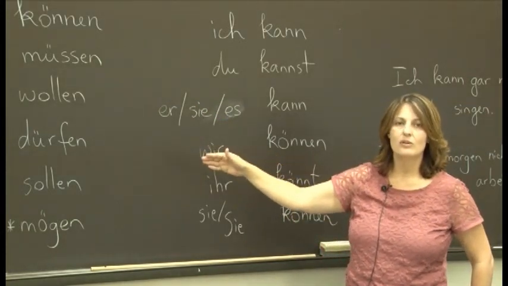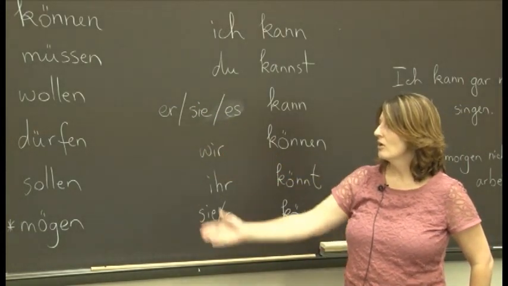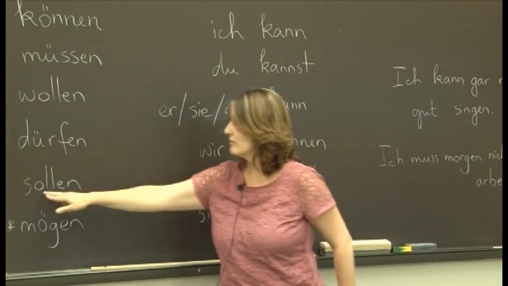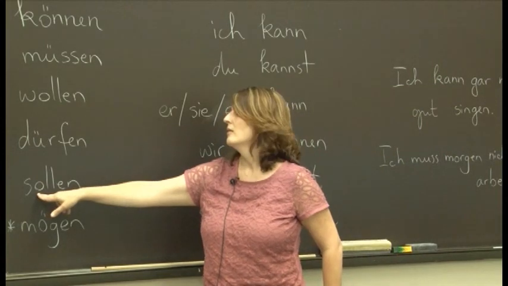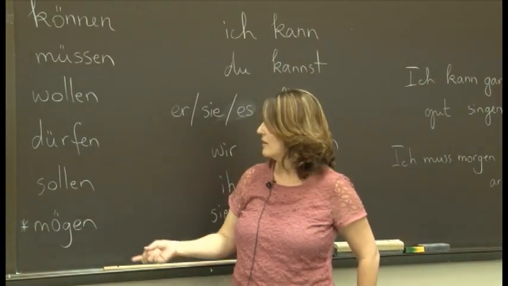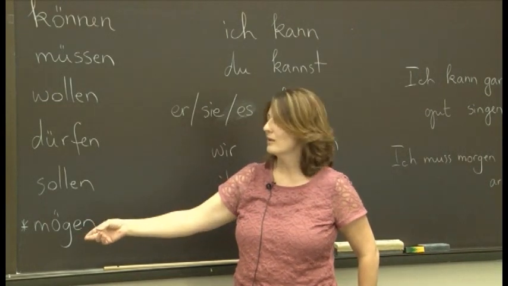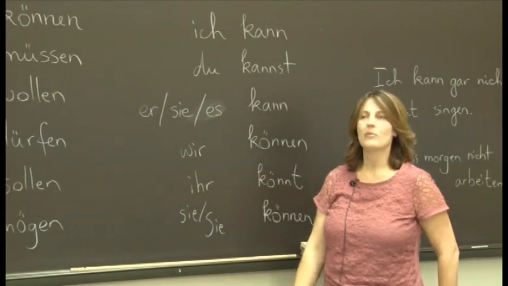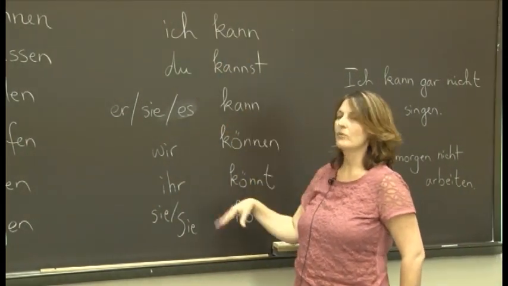Ich darf, du darfst, er darf. Soll actually does not change the vowel, so this one does not change, ich soll. But yeah, there's no E ending for ich. Ich soll, not ich solle. Ich mag, changes again. Du magst, er mag. So they are irregular, but only for the singular, not plural.